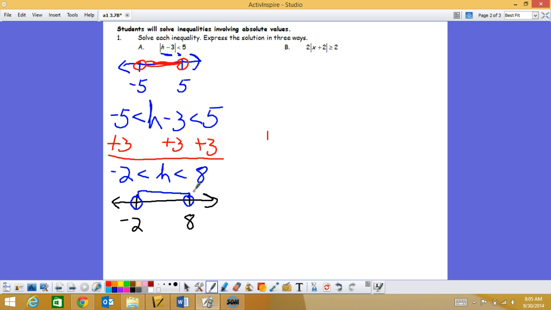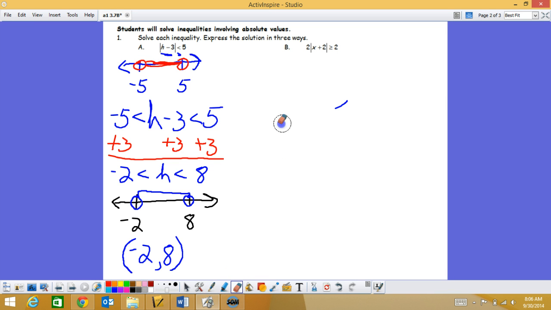So we've got all those values in between for h. And then the third way to express our solution is using interval notation, where the left edge of the graph is negative 2 and the right edge is 8, negative 2 to 8. Since we have an open circle at negative 2, it's not included, so we use a parenthesis around negative 2. 8 also is not included, so we're going to put a parenthesis around 8.